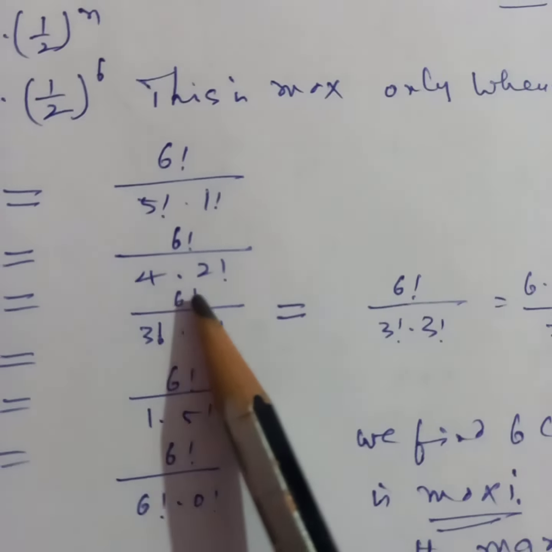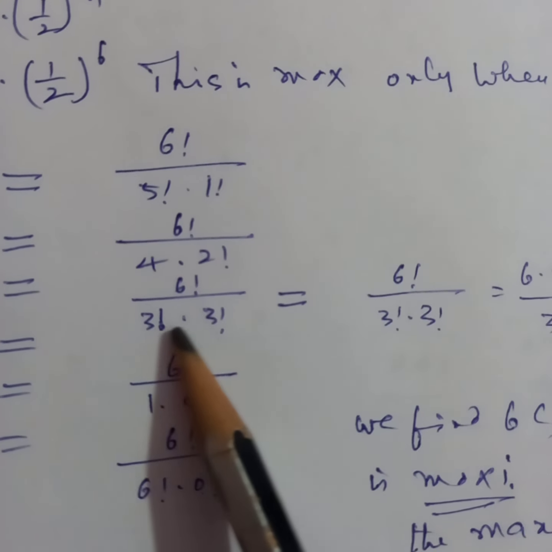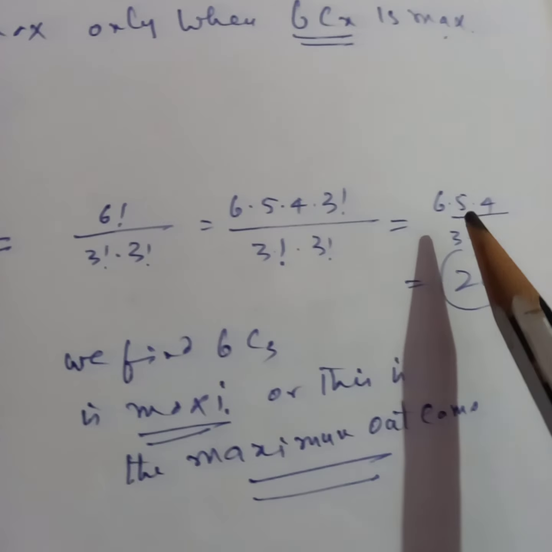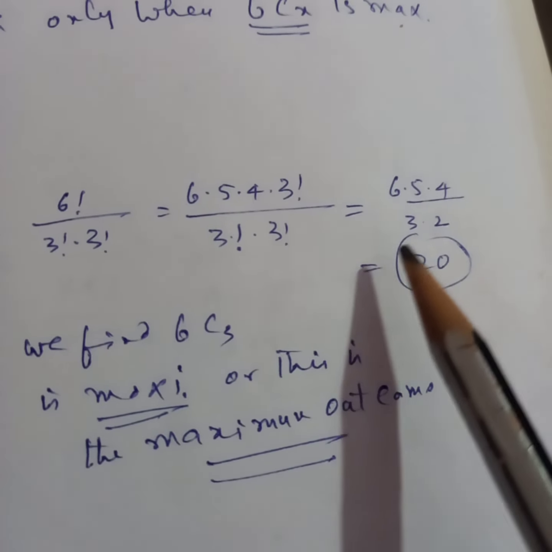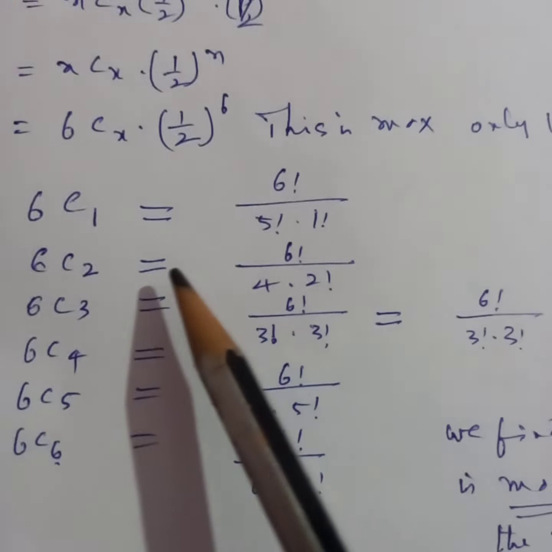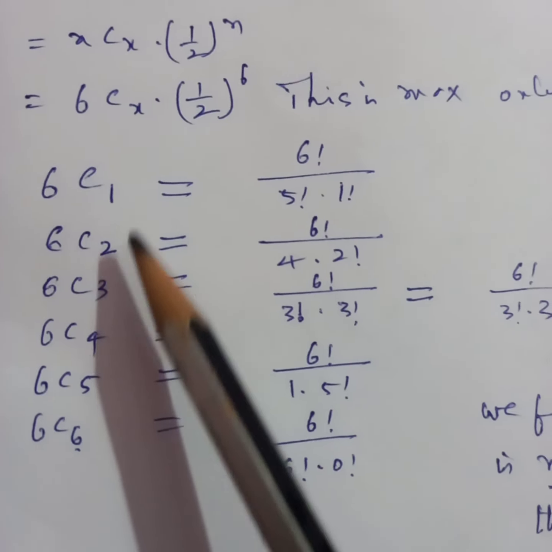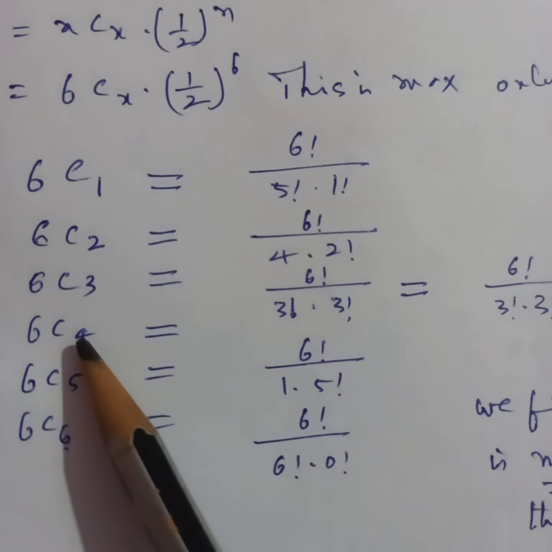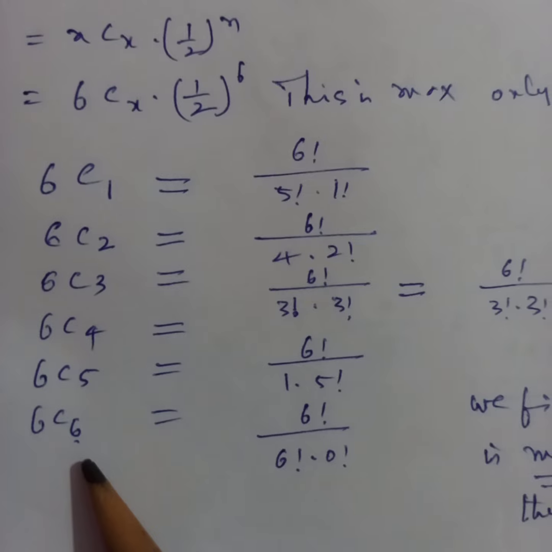Look here, it is 6 factorial by 3 factorial, 3 factorial, and that comes to how much? 20. We calculate it is 20. So this is the maximum. You can verify whether this is maximum or not by calculating the other values: 6C1, 6C2, 6C4, 6C5 and 6C6, and that I have calculated here.